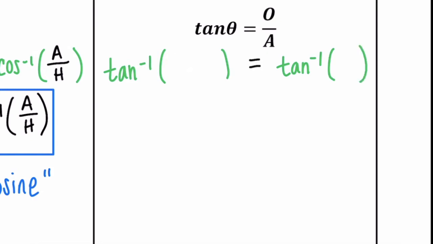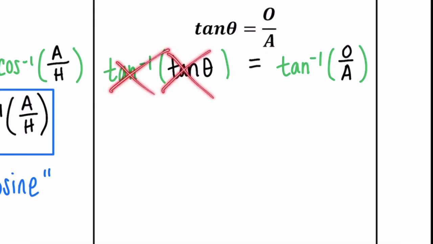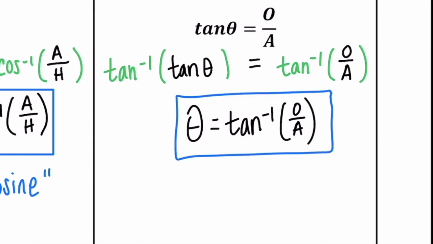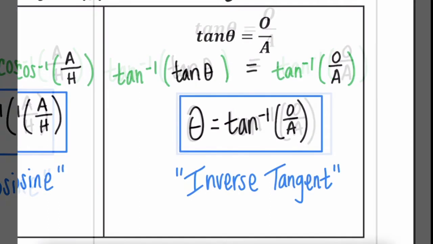So inverse tangent of tangent theta and inverse tangent of opposite over adjacent. What happens when I take the inverse tangent of tangent? That is negated or undone, and I am left simply with my angle theta equal to inverse tangent of opposite over adjacent. And that is my inverse tangent function.